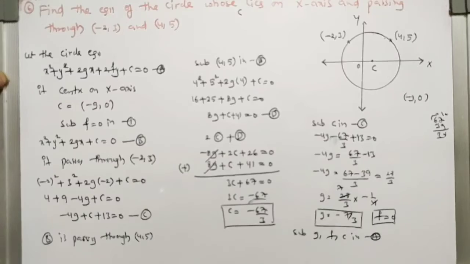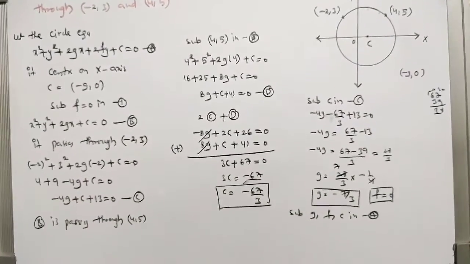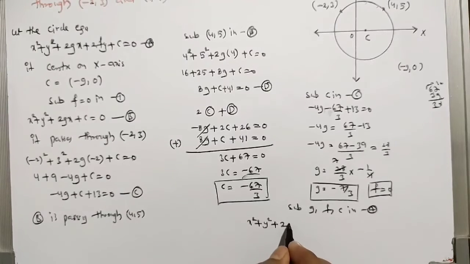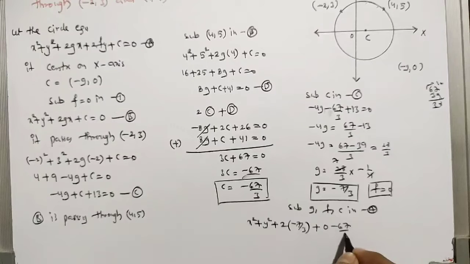So we get x squared plus y squared plus 2 into the value of g, minus 7 by 3, plus f value 0, plus c value, minus 67 by 3, is equal to 0. Here 3 is the LCM, therefore take that now.